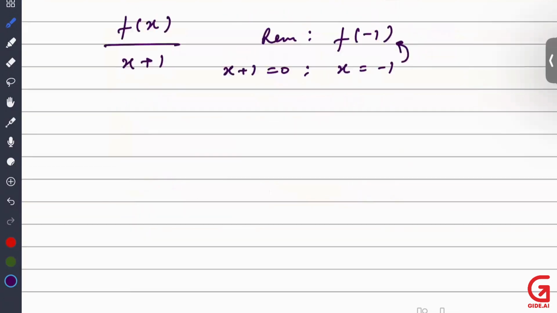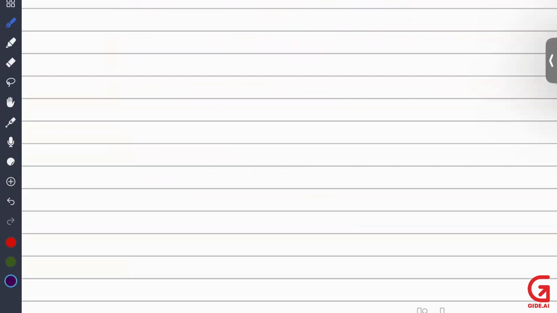Now, one type of question that you will generally get is they will say that there is a function p(x) and p of minus 1 is 0. So what do you figure out from this? First of all, p of minus 1 is 0. That means minus 1 is a root, right?